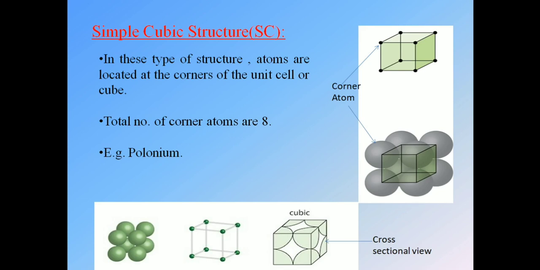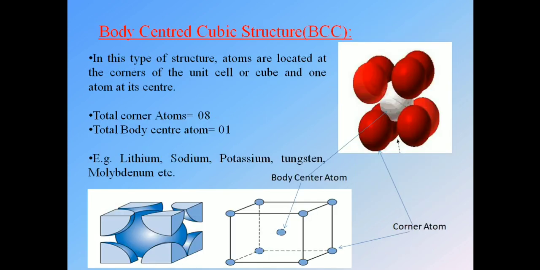Okay, then what we have seen, the simple cubic structure only has the 8 corner atoms. Okay, remember it. Next, we will have second point, that is body centered cubic structure, that is BCC.